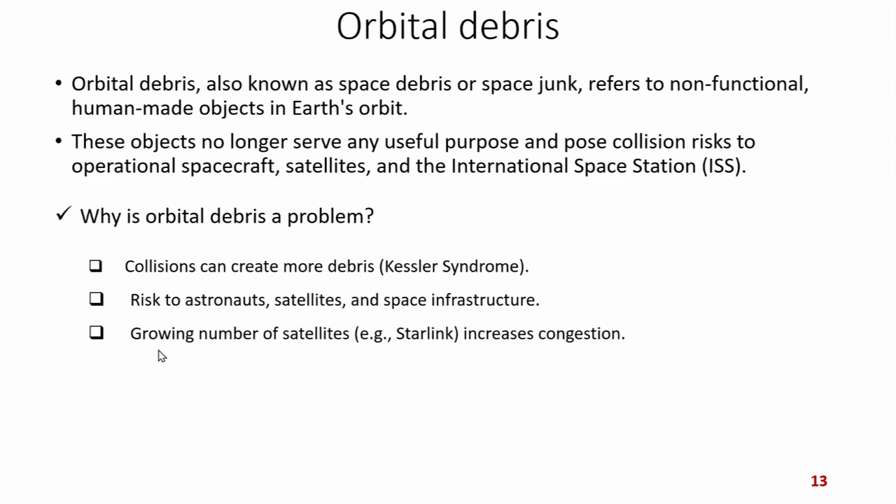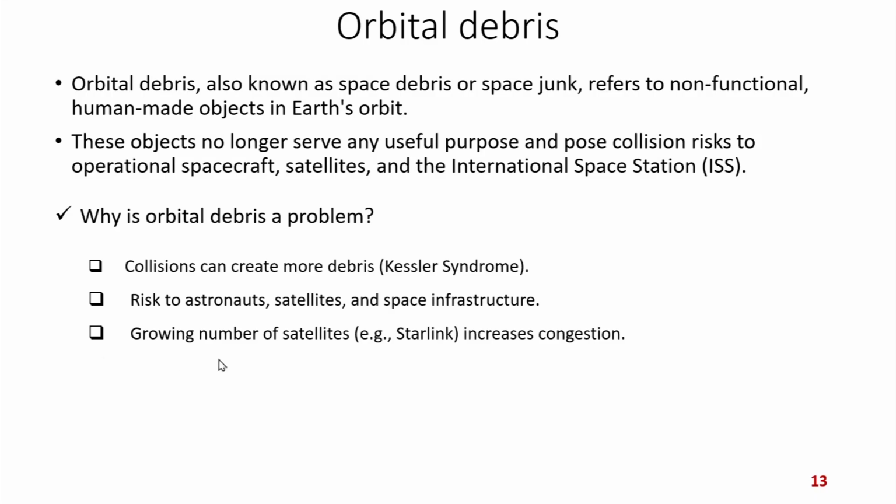The number of satellites in low Earth orbit especially is increasing exponentially, like the Starlink constellation, where they are planning to put some 42,000 satellites in an orbit of something like 400 to 450 kilometers. This itself is very challenging in terms of increased congestion and debris.